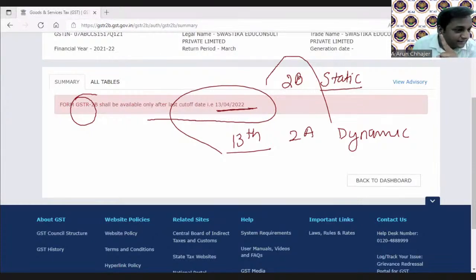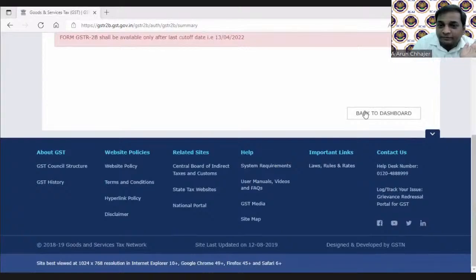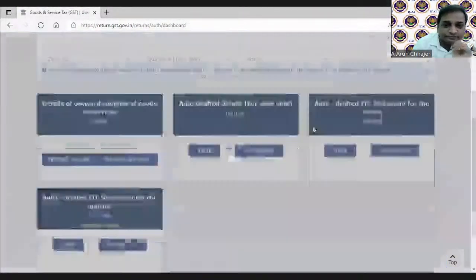I hope it is clear. The GSTR 1 is the outward supply, 2A and 2B reflect the details of inward transaction. 2B is available only after a particular date, but 2A is a dynamic document you can see at any point of time.